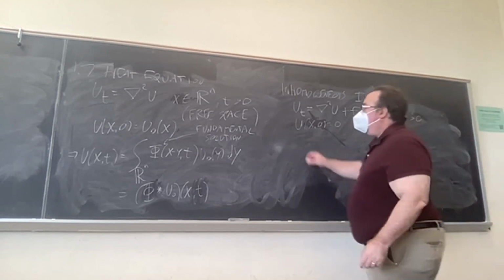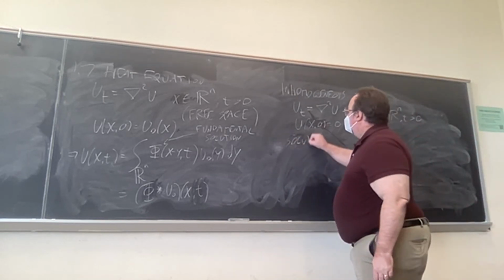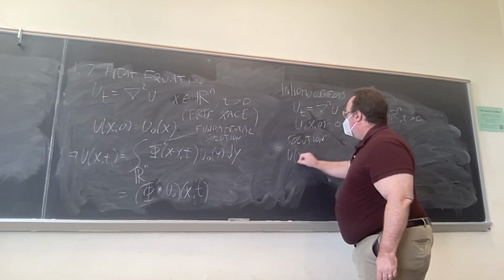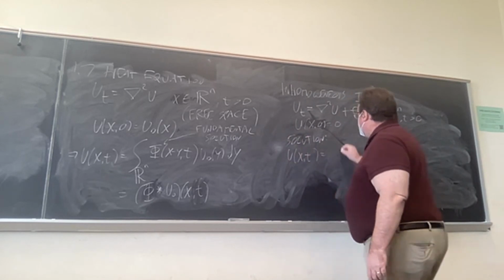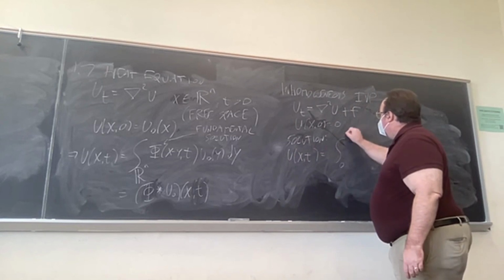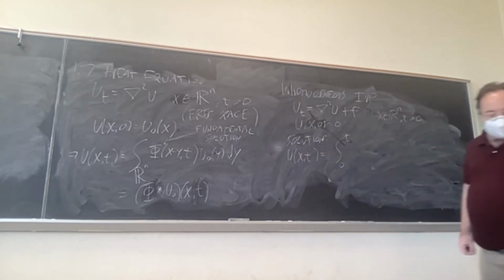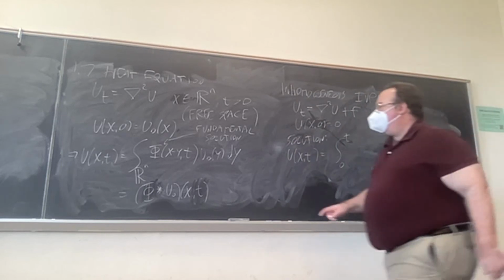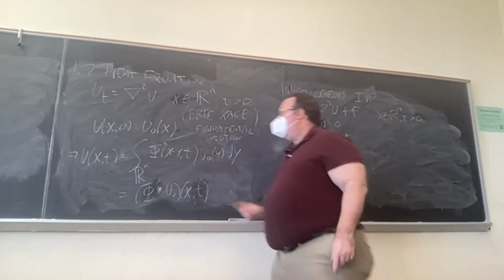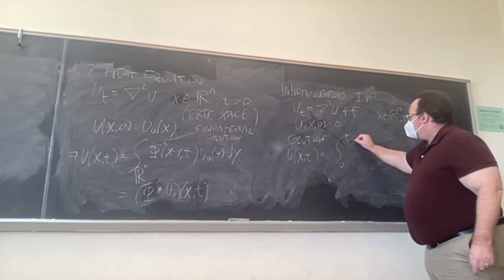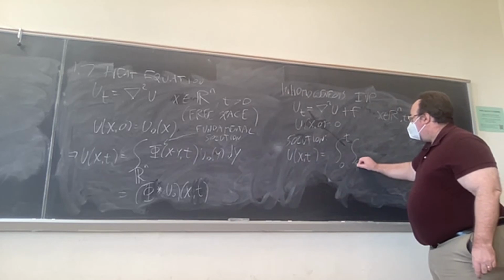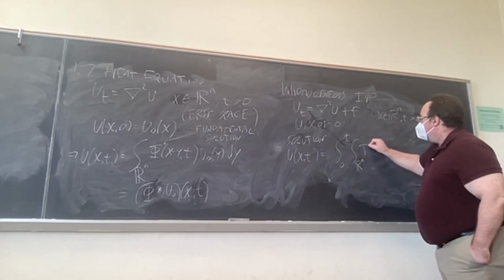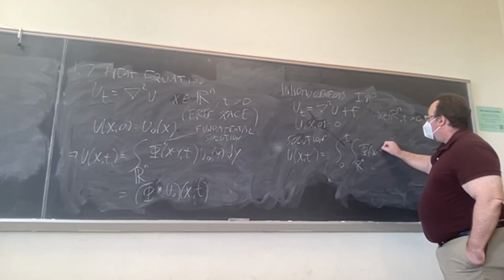So the solution u of x, t is an integral from 0 to t, and what's inside the integral bears a close resemblance to what we see here. So it's the integral over R^n, and the fundamental solution of x minus y.